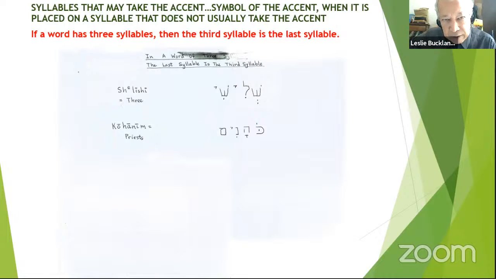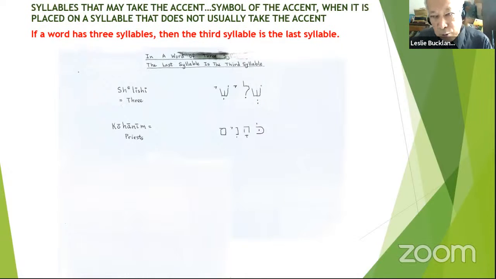At any rate, what I have noticed is that most of the Hebrew words have two syllables. That seems to be the normal amount of syllables in a word. Three syllables and four syllables are not easy to find. So two syllables is the normal amount.